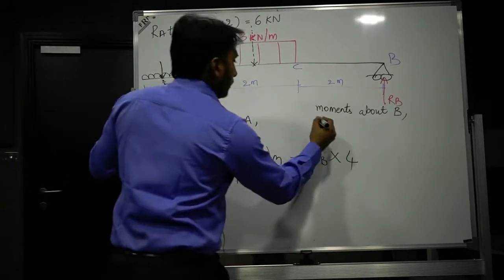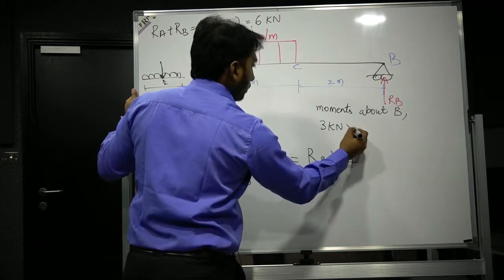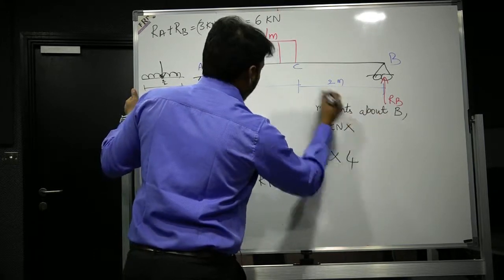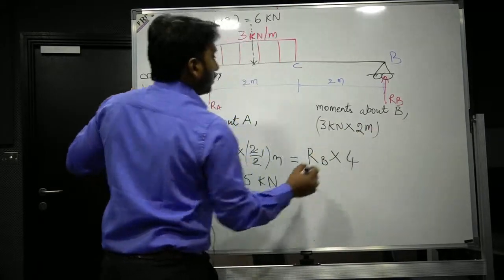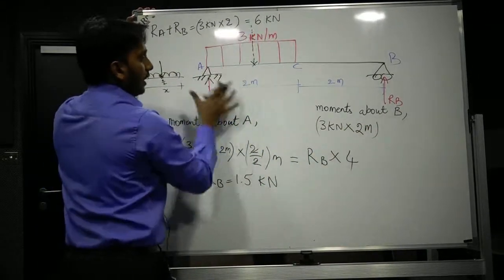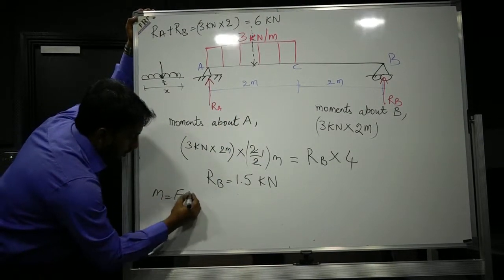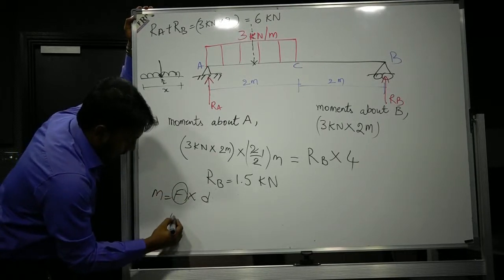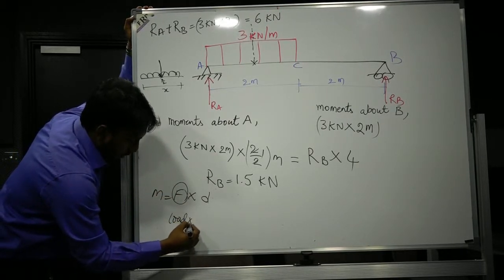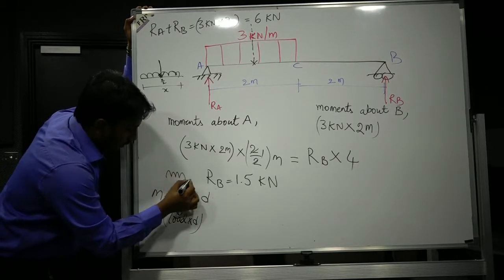Again 3 kilonewton per meter, into 2 meter. Every time, moment is force into distance. In a uniform load, the force is load into distance.